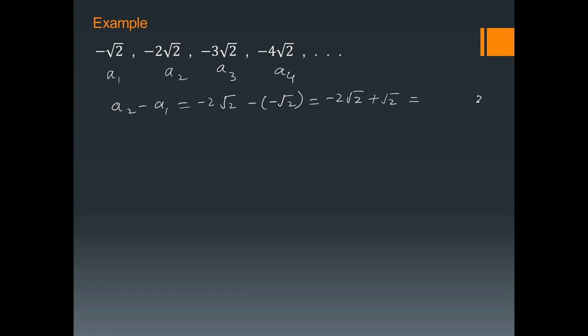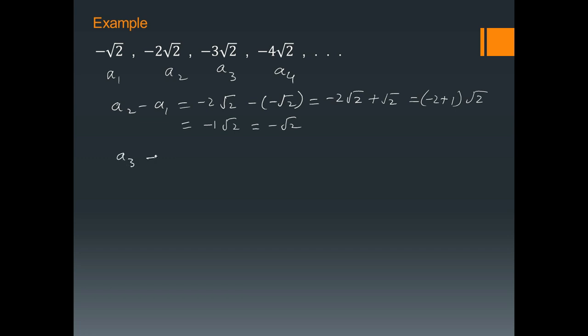Square root 2 is taken common, so minus 2 and over here plus 1, and the answer is minus 1 and square root 2, which is minus square root 2.